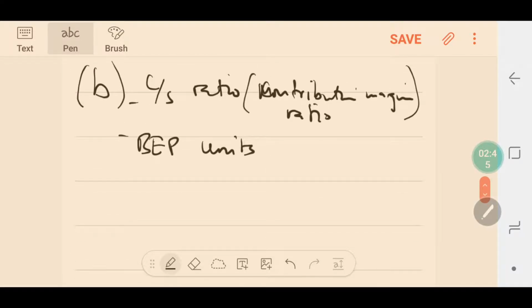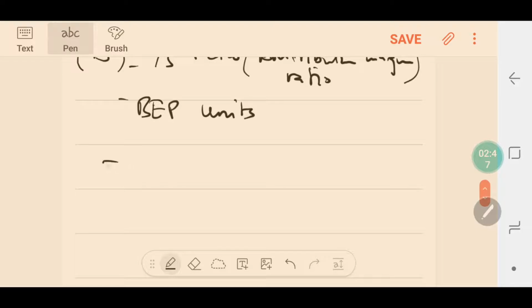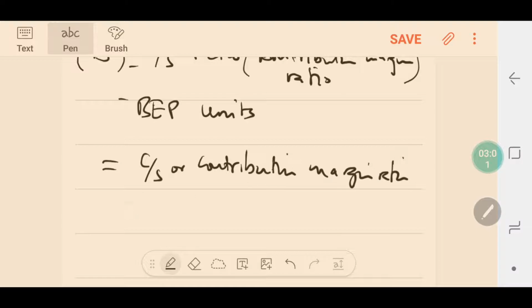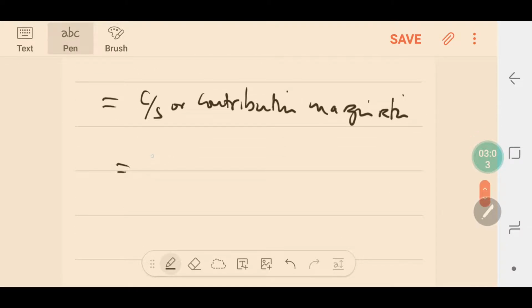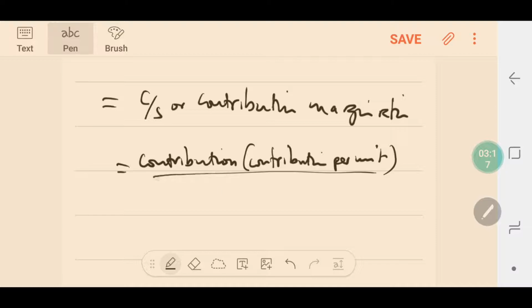As usual, before considering numbers, let's go direct to the formula. CS ratio or contribution margin ratio is calculated by taking contribution, or contribution per unit, dividing by sales or price per unit.